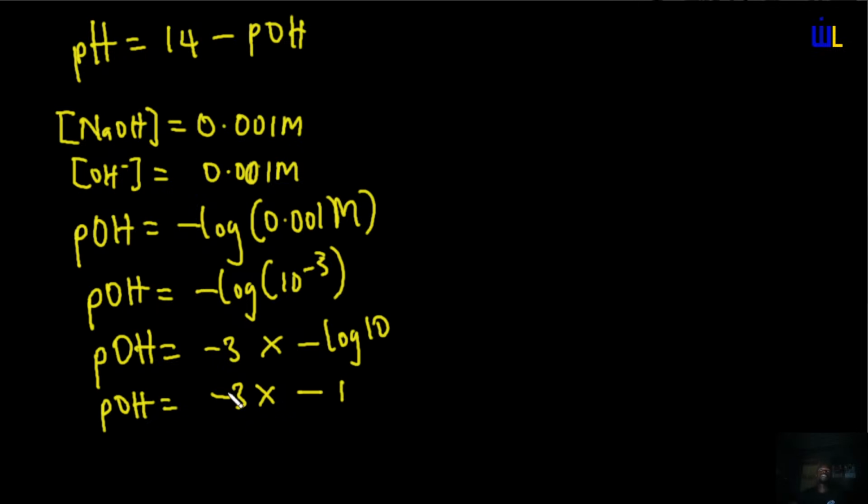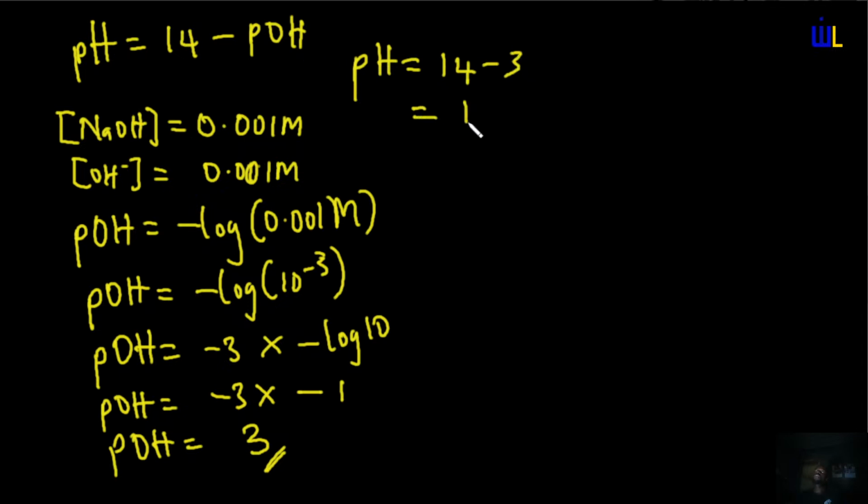So this is minus 3 times minus 1, therefore the pOH is going to be equals minus 3 times minus 1, which is plus 3, and you have that the pOH is 3. Now, since we are not asked to find pOH, but we're asked to find pH, pH will now be equals 14 minus the pOH, which is 3. Therefore, what do we have as our answer? 11. Very good.